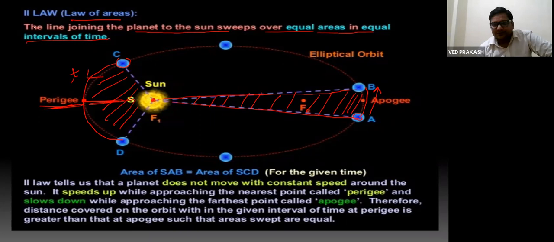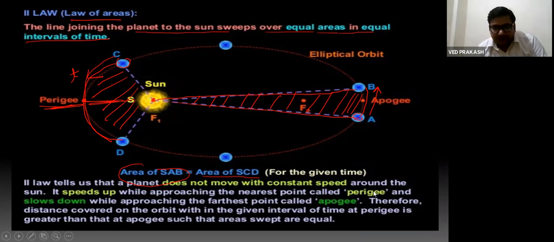So what does the second law state? The second law states that the area of SAB will be equal to the area of SCD. S is for sun, so SCD is equal to SAB. So the second law tells us that a planet does not move with constant speed, right? It moves with greater speed when it is near the sun, and it moves slower when it is far away from the sun, right?